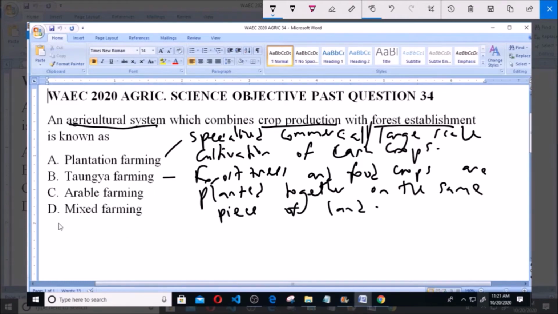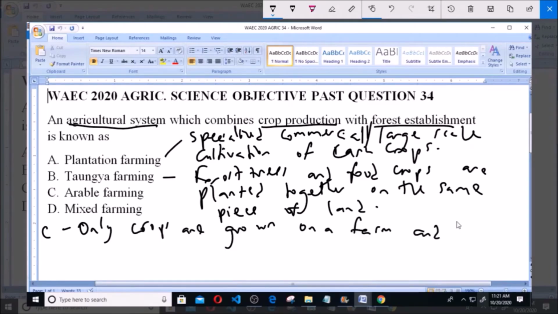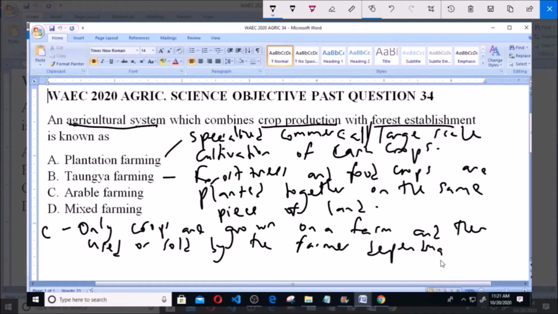Now option C, which is arable farming, refers to when only crops are grown on a farm and then used or sold by the farmer depending on his needs.